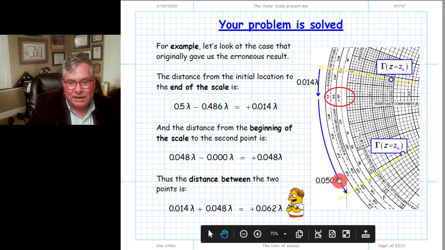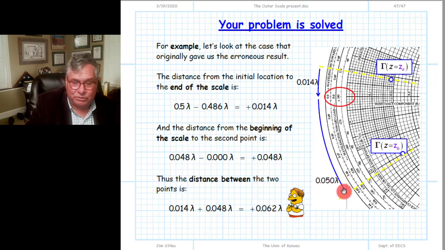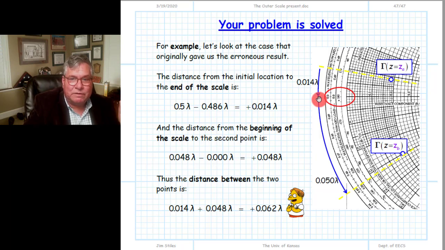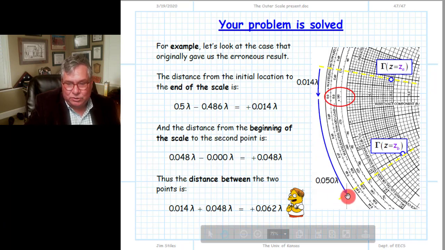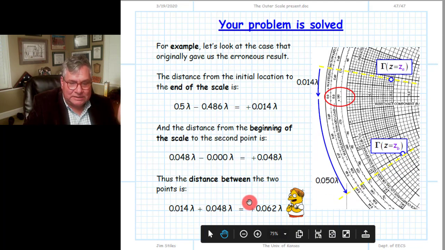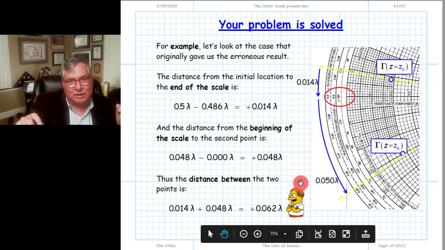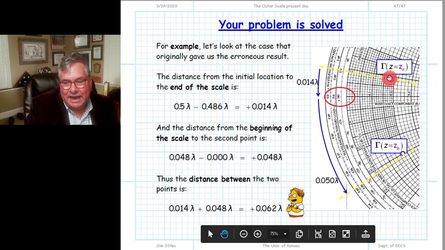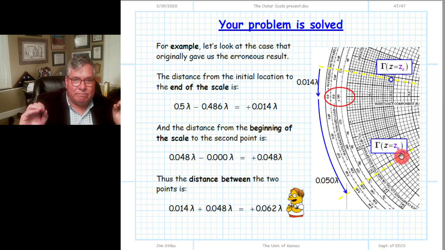Well, we add the two values together, the 0.014 lambda we moved from here to this state line boundary, and then the distance that we move up the line from the boundary to our final location, and we see the total movement along that transmission line is 0.062 lambda. To move from this point ZA to this point ZB, we have moved a distance up the line toward the load of 0.062 lambda.